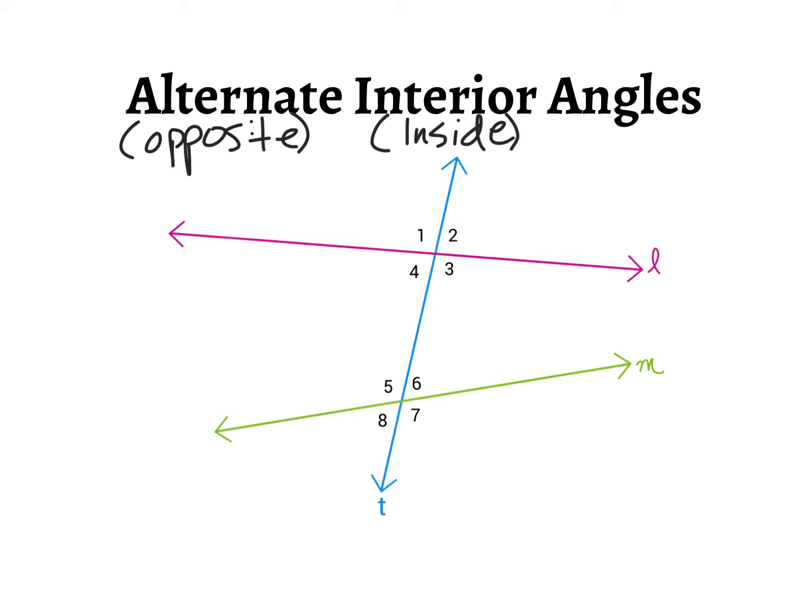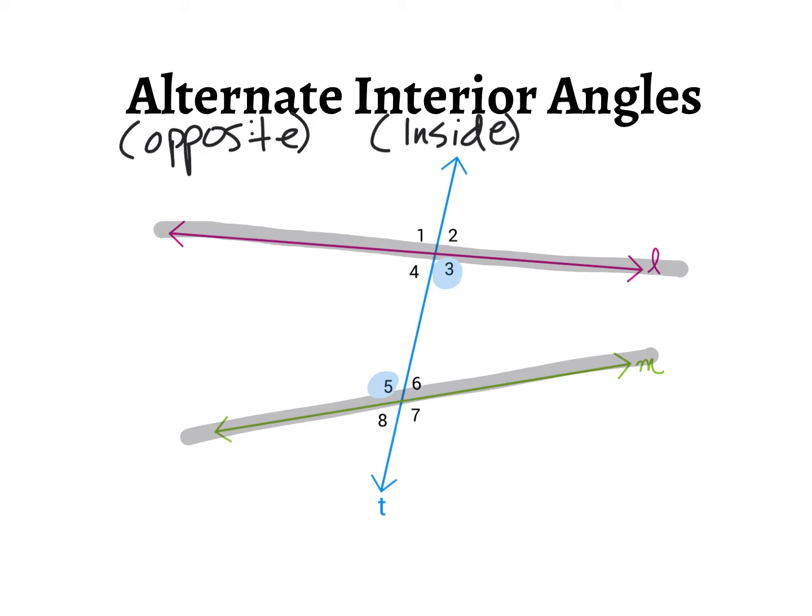So inside, I'll do it here in black. I'm going to look at these 2 lines. Which angles are inside these 2 lines? Well, I have 3, 4, 5, and 6. Those are inside of each other. Alternate or opposite means that they're on opposite sides of the transversal. So if they're on opposite sides, I'm dealing with 3 and 5.